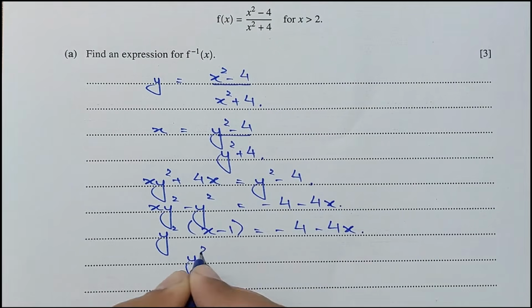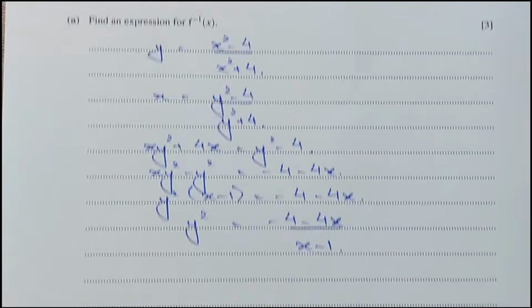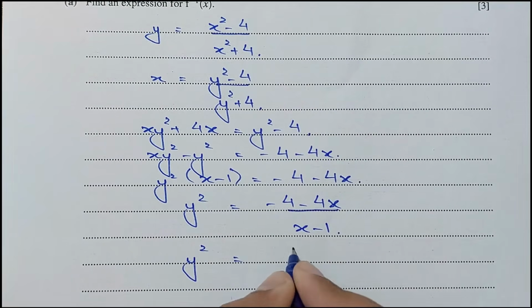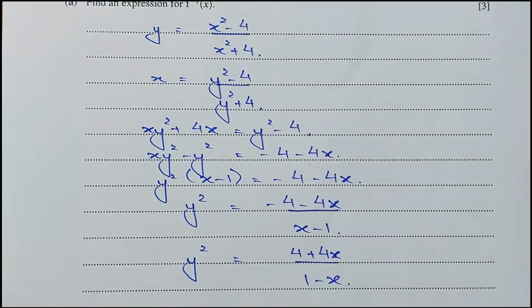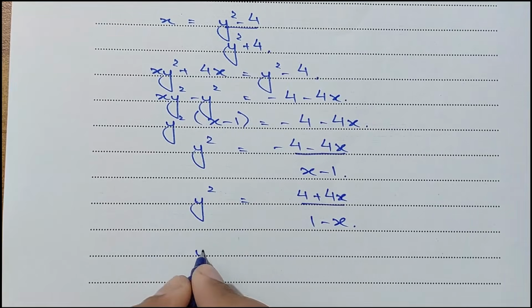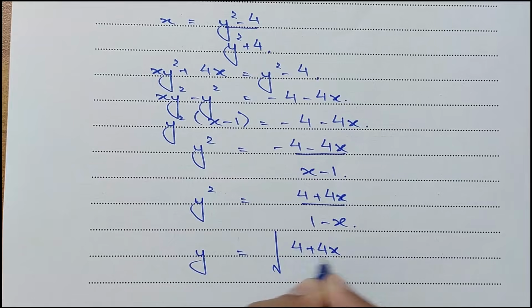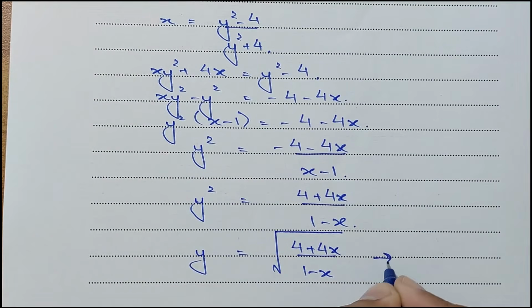Okay, so y square would be equal to minus 4x over x minus 1, right? Or we can take y square is equal to 4x over 1 minus x. And what is the value for y? Y is equal to square root of 4x over 1 minus x, and this y is my f inverse of x.